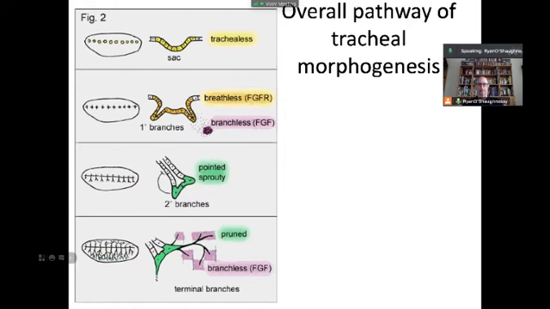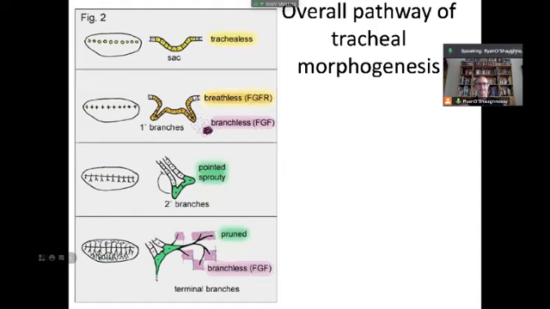Then remember we have that gene sprouty or pointed, and sprouty allows for the splitting of the branches by cell division. And then finally we have pruned, which is able to, in response to branchless signals, so in response to growth factor signals, pruned (serum response factor) is able to change the shape of that final terminal cell to allow those branches to form.